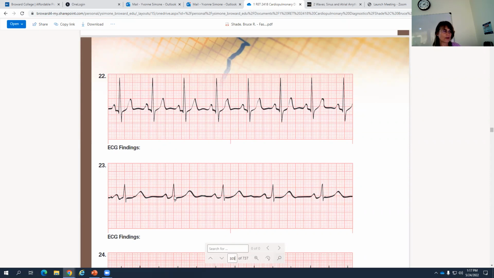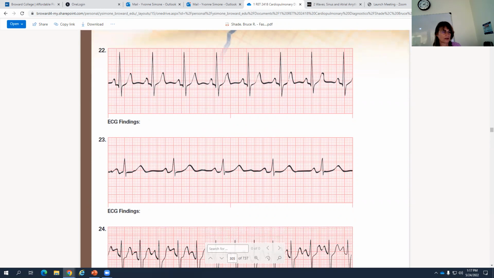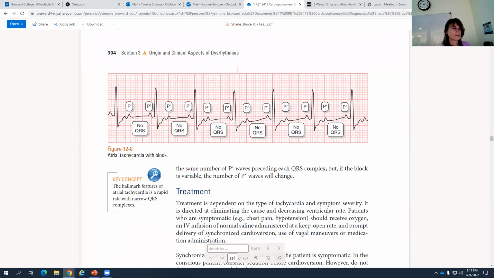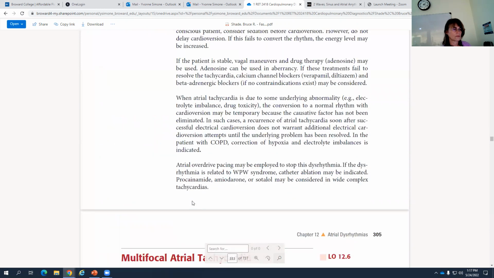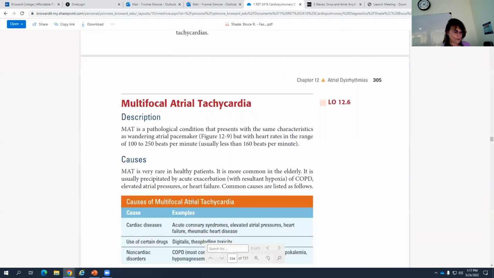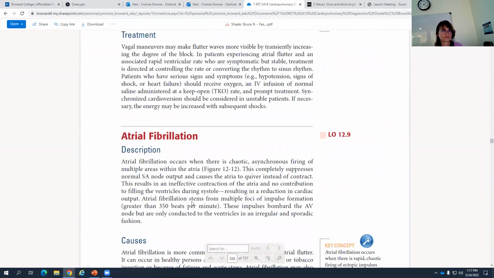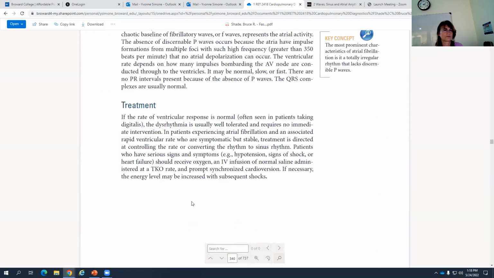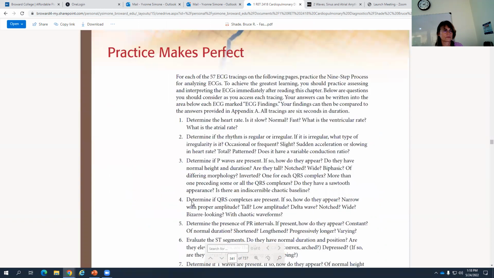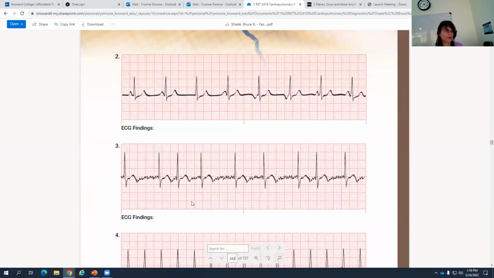Now we go to page 313. So 20. 305, 313. Number 3.